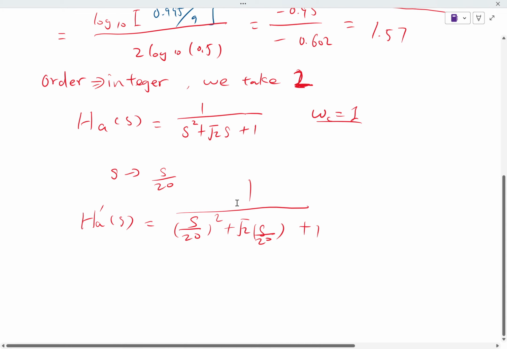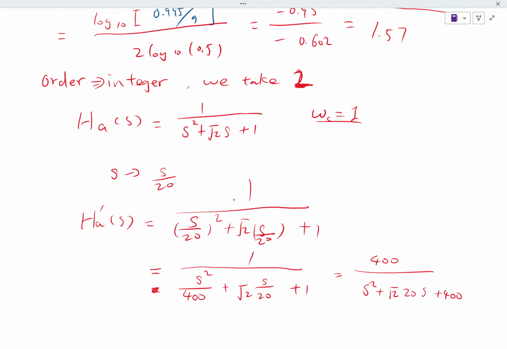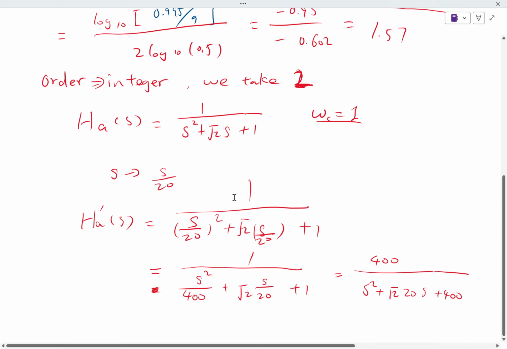Then we start to do the math. So 400 over S squared plus root 2 S over 20 plus 1 over it. Sorry, this equal should be here. And then we want to put the 400 up at the top. So we have 400 at the top, S squared plus root 2 times 20 S plus 400, so everything is multiplied by 400.